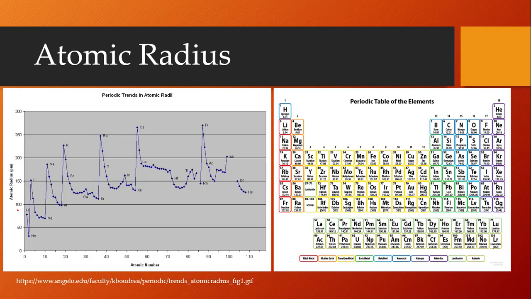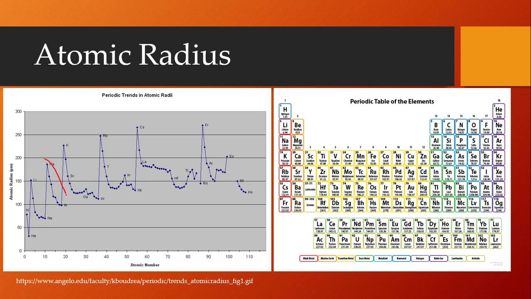So if we start over here, we see hydrogen and helium, and that corresponds to the first period. Now we have lithium here, down to neon, and that would be right here.